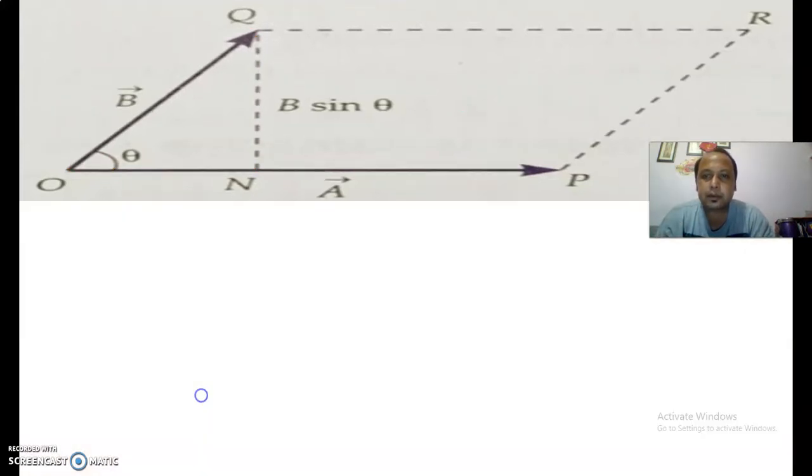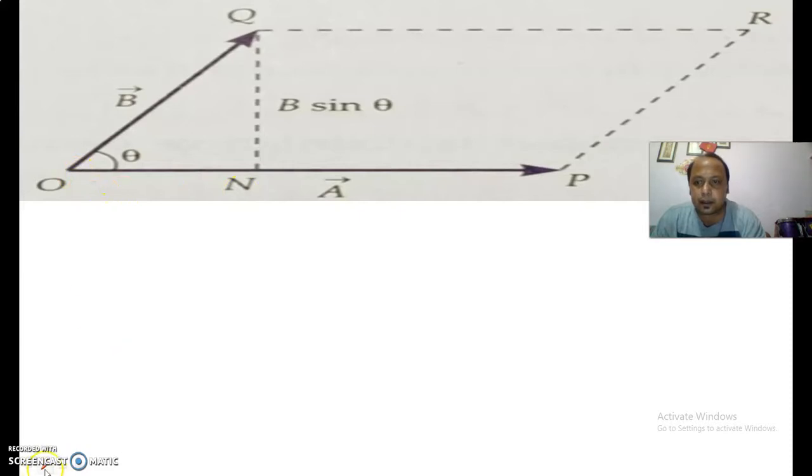Now let us discuss this vector product of A and B in a bit different way, in terms of a triangle. To understand the concept of the triangle, suppose we again consider the two vectors A and B, which are the two adjacent sides such that they are co-initial.